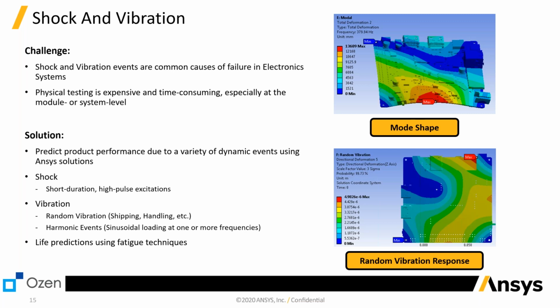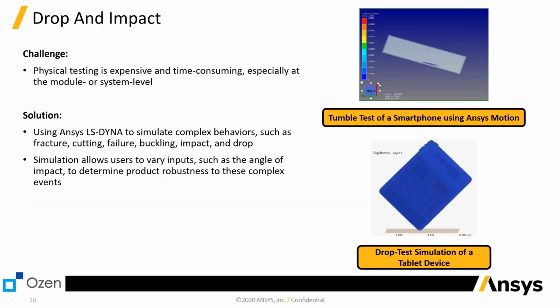It doesn't matter if it will fail over longer periods of time. We do want to know how many cycles it is going to take, 5,000 cycles, 10,000 cycles, or 20,000 cycles for these components to fail.